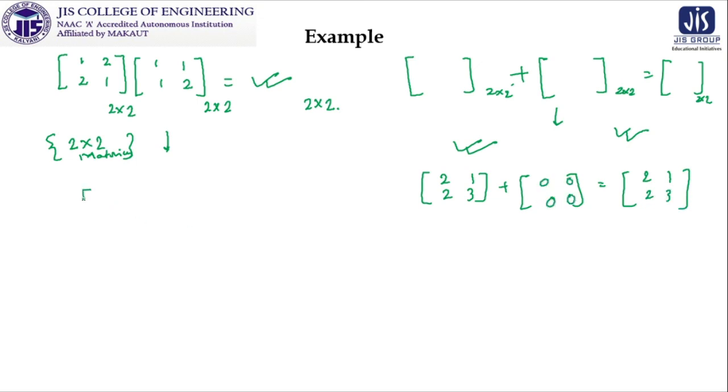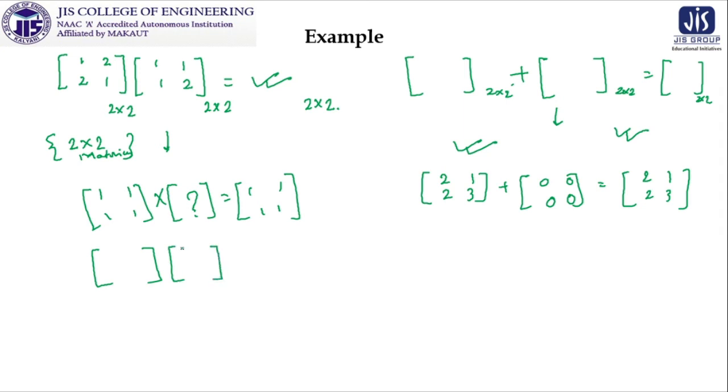But if you are thinking about 1 1 1 1 into something is equal to 1 1 1 1, is it guaranteed that you will get it in the set? Yes, you can take that. I will make 1 1 1 0 0 1 over here, and I will get it.